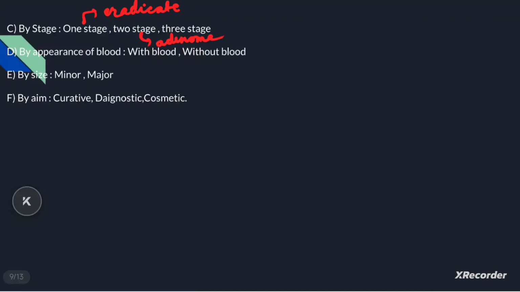Now the third stage is always performed in conditions and pathology regarding the large intestine, like for example, tumor of the large intestine and tumor of the small intestine.